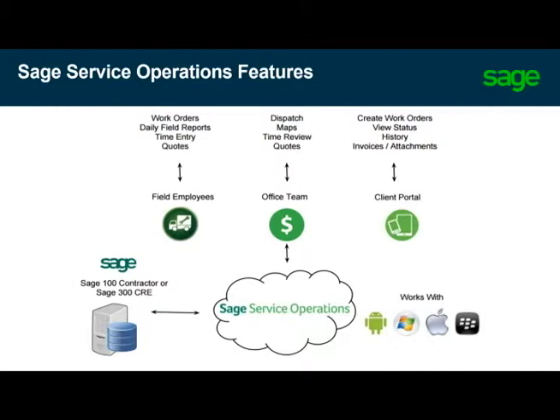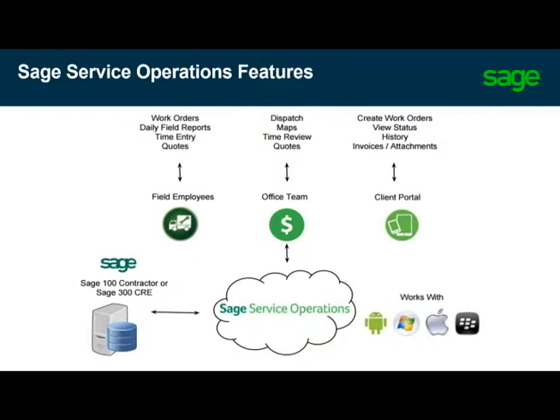And this really empowers your field employees to create work orders on the fly, do their daily field reports if necessary, submit time entries capturing that time information, and then quote directly from the field. And this, again, writes all directly back in your Sage 100 Contractor system.